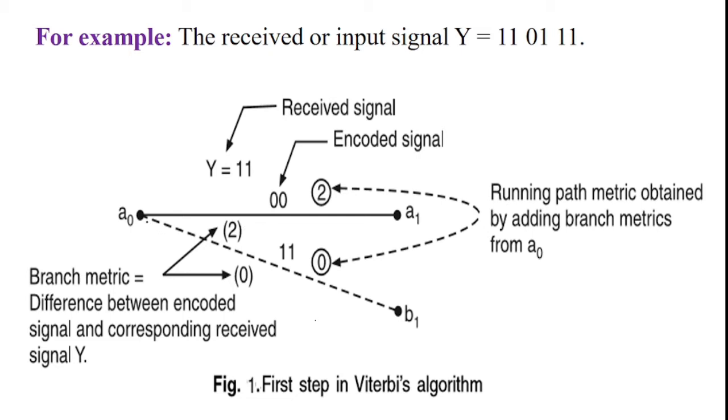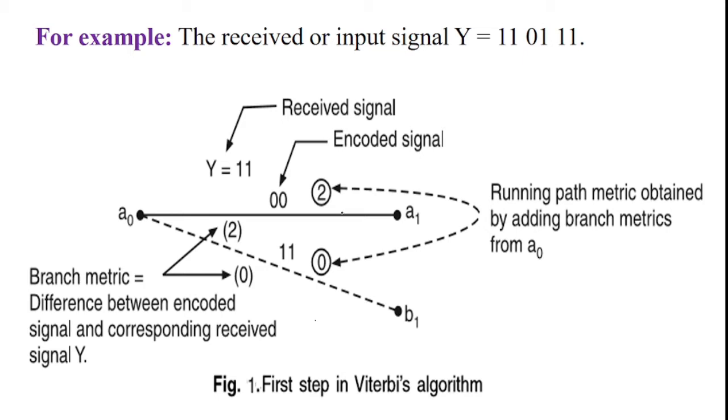And in the path A0 to B1, the encoded signal is 1 1 and the received signal is 1 1. Here the received signal and encoded signal are the same, so the branch metric is 0. Next, calculate the running path metric. The encircled numbers at the right end of each branch represent the running path metric.